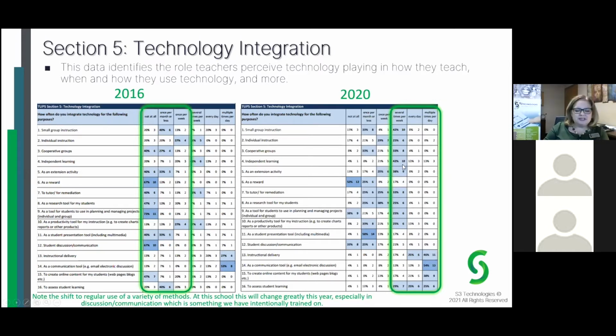The great thing about the TIM model is the pedagogy behind all of this. When I'm talking about small group instruction or cooperative groups, I can't just throw technology at the kids and say, go ahead and start using it. They need to be trained: how does my room look, how do I set this up, how do I prepare the students for this? You can build on that all year long to get them to where you want them to be.